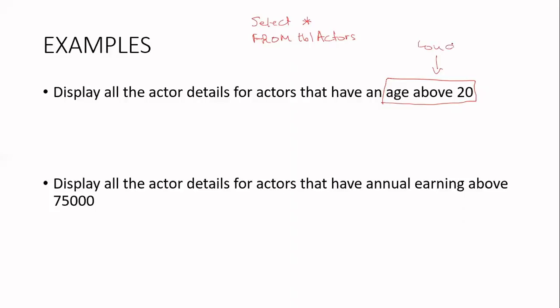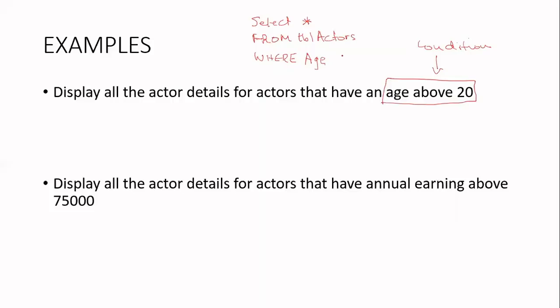So you can distinctly see a condition, a restriction coming into this particular example. So we will have our select statement that will be select star from TBL actors. And now we will introduce our where. And you then state the condition based on the field and what the restriction is about. Here we're looking at age above 20. We know that we had a field called age.